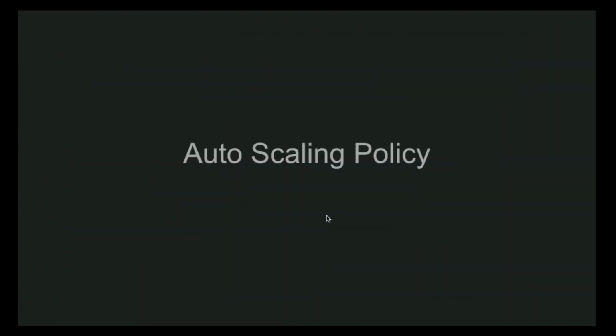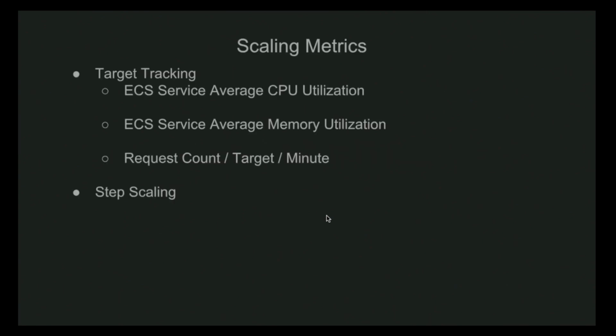So now we're going to set up an auto scaling policy. For ECS auto scaling, there are a couple of different types of scaling. We're only going to really explore one today. That's target tracking. This is basically finding a target and then trying to stay as close to that target as possible. There's also the option for step scaling, which I think of as kind of like a shotgun approach.